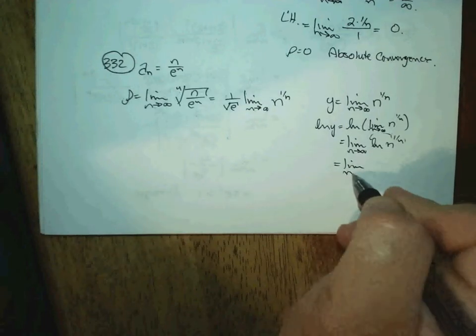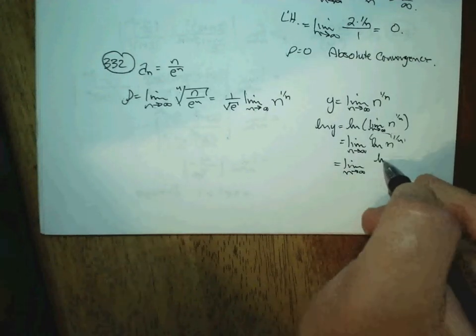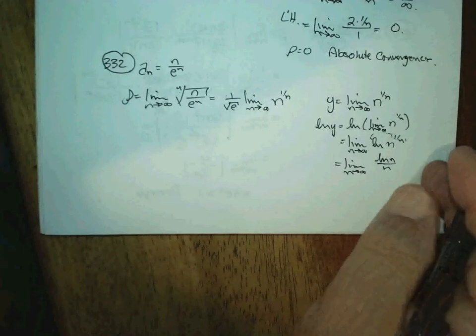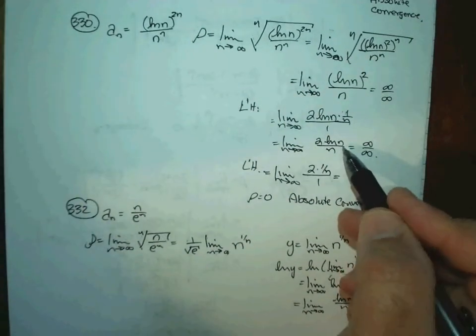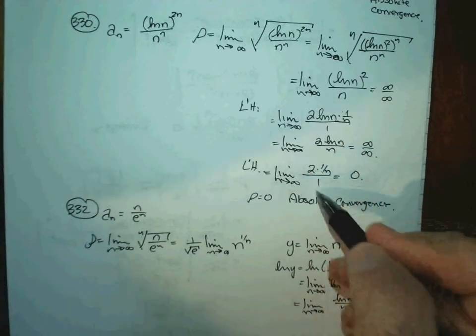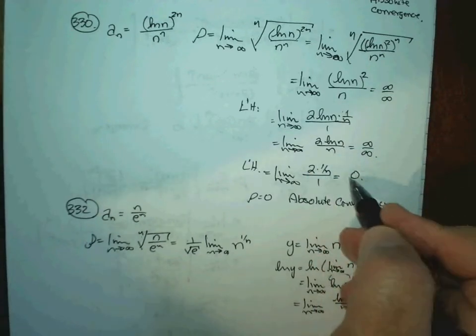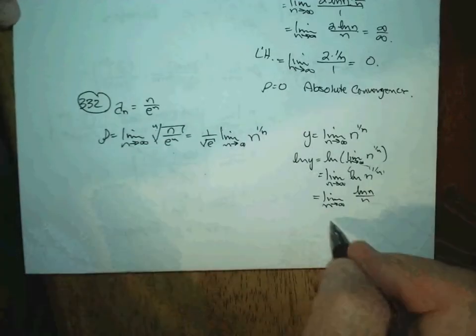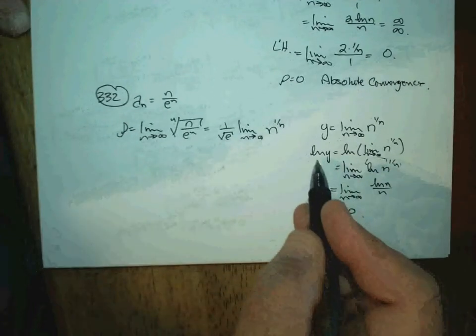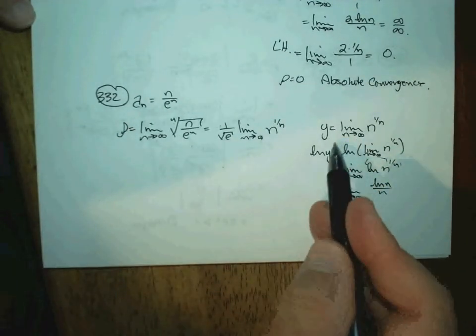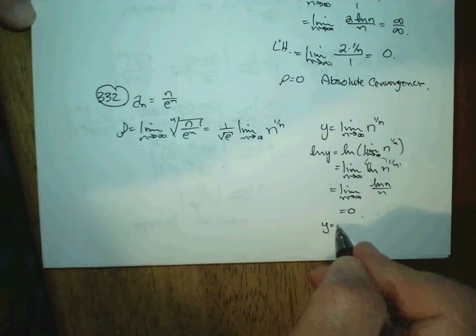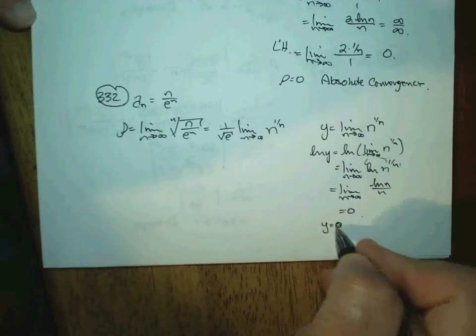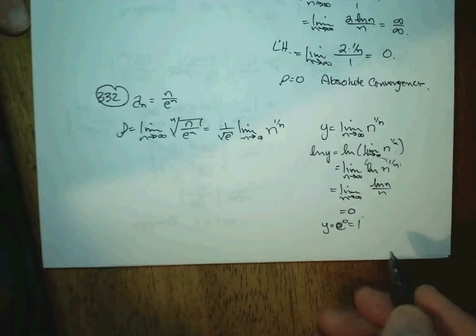Do so that this 1 over n can come down in front by properties of logarithms. And now we're racing the natural log of n against n, just like we did right here. So we know when we apply L'Hopital's rule now to this, we're going to get this to be 0. The natural log of this limit, y, the natural log of y, the value of the limit, is 0.